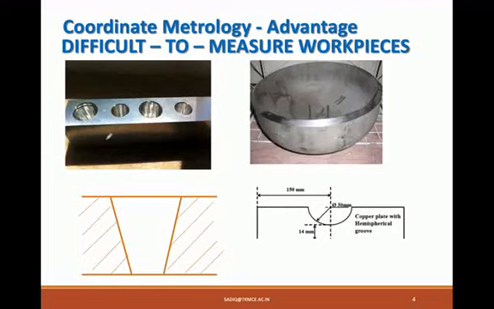Is there any conventional method to know the angle of taper? See, if this is one surface, this is another surface, what is the angle between them? Though we may feel that we can use a vernier caliper to get the angle, that method is not correct. There are certain methods used by workshops to identify the angle.